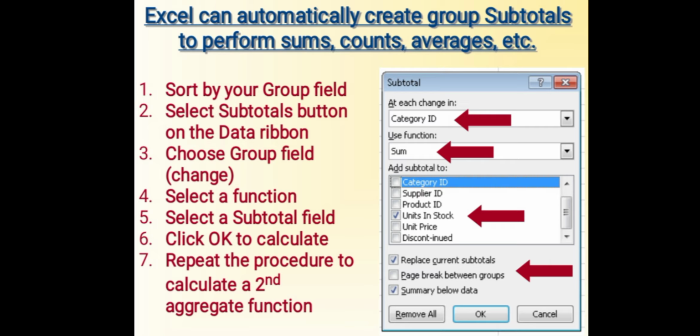Subtotal here, select a function, and select a subtotal field. Here you can see, click OK to calculate and repeat the procedure. At each change in category ID, you can select what you want, sum, and in the sum add subtotal to units in stock, suppose only units in stock, as the red arrow shows, and you click OK, and you will get the value.